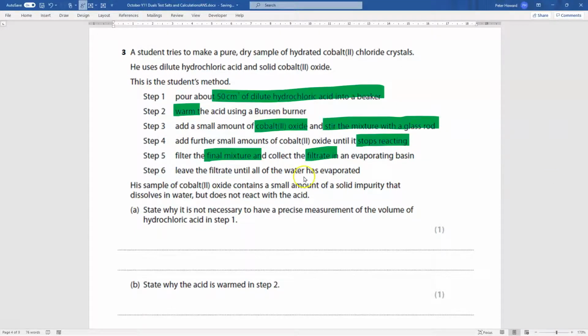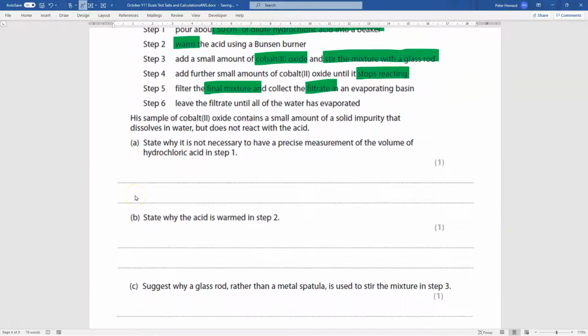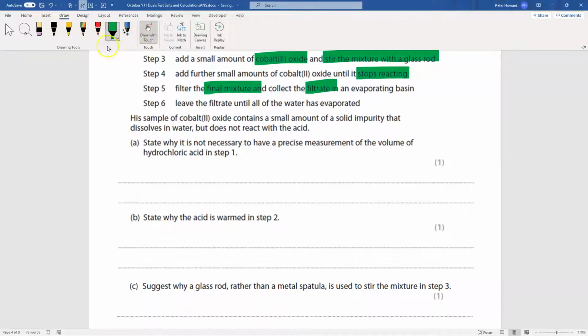So why is it not necessary to have a precise measurement of a volume of hydrochloric acid? What we obviously want to think about is, I suppose, because we react all the acid, so all the acid is used up. So it doesn't really matter how much we've got, we're just trying to make sure all the acid is used up.